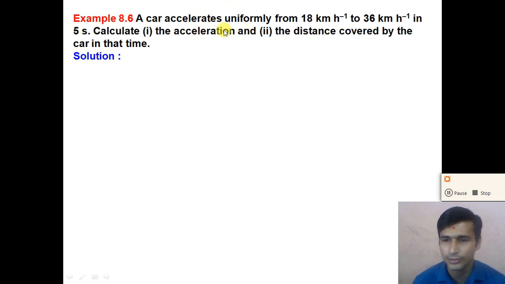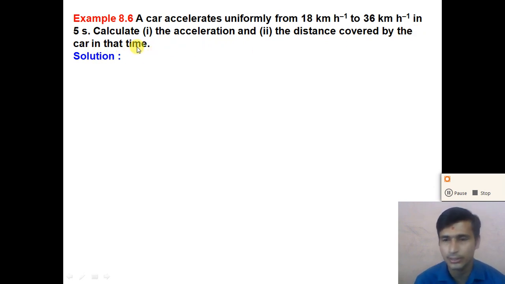Its velocity changes from 18 km per hour to 36 km per hour. The initial velocity of the car is 18 km per hour, the final velocity is 36 km per hour, and this change in velocity takes place in 5 seconds. Calculate the acceleration and the distance covered by the car in this time.